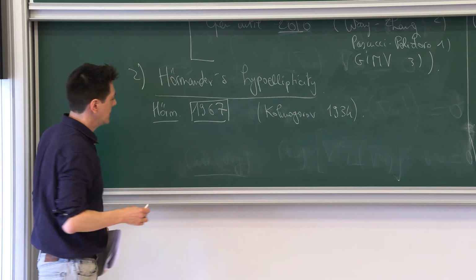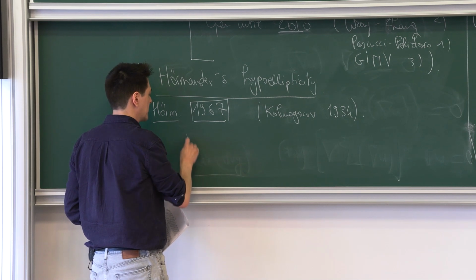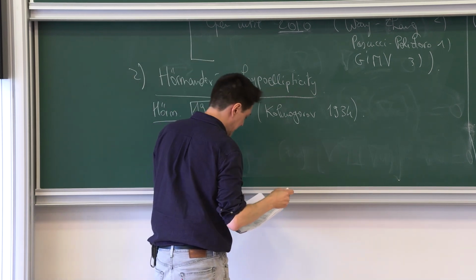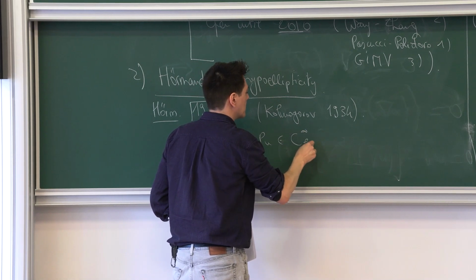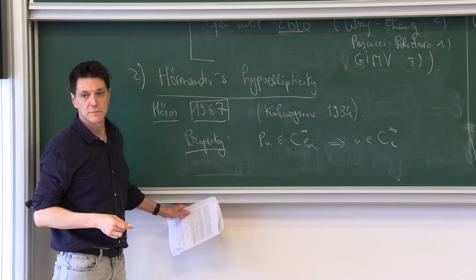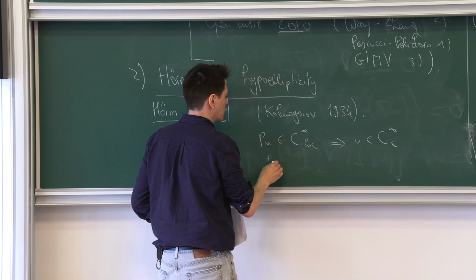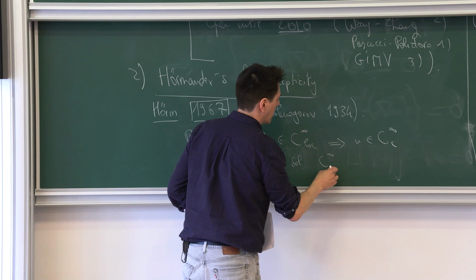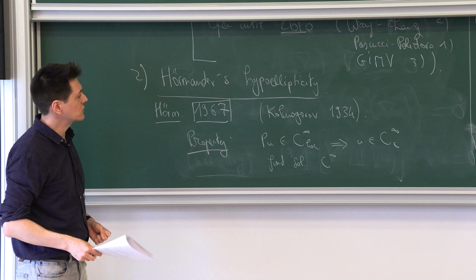It's a beautiful question. We try to understand the following property: if Pu is C infinity locally, then u is C infinity locally, for an operator P. Another way to formulate it is, if you have a fundamental solution, you want the fundamental solution to be C infinity outside of the point of the Dirac which generates the fundamental solution.